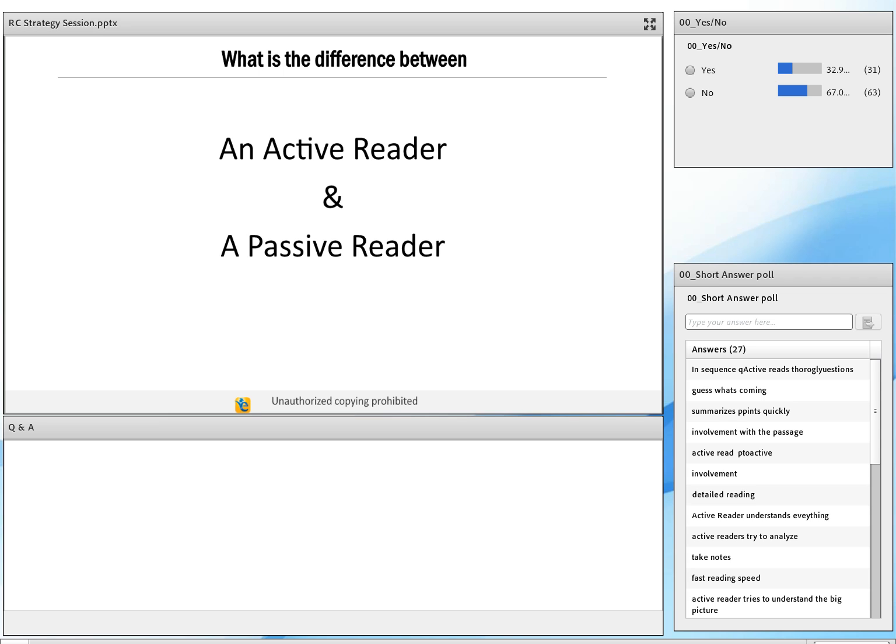Whereas a passive reader, even if the passive reader doesn't want to do that, ends up reading the passage just at a very surface level and doesn't get deep into the passage. And that's the reason why the level of comprehension that an active reader has is really high as compared to the level of comprehension of a passive reader.